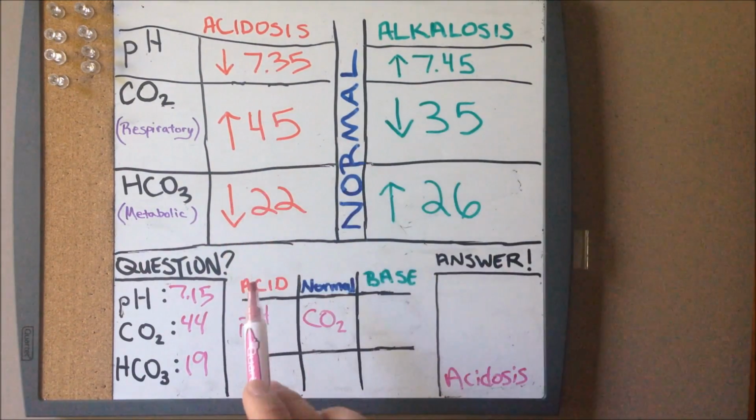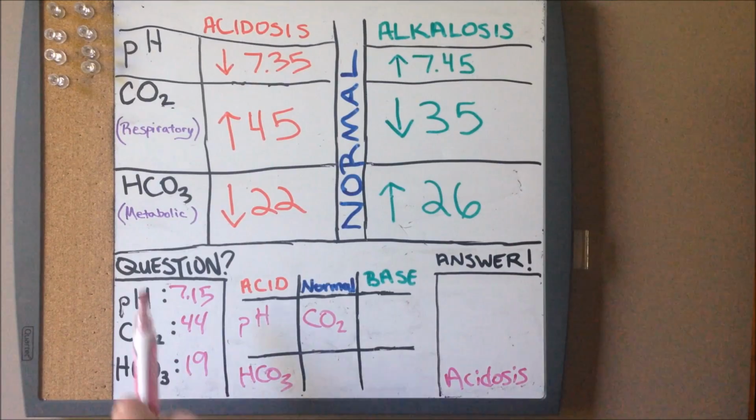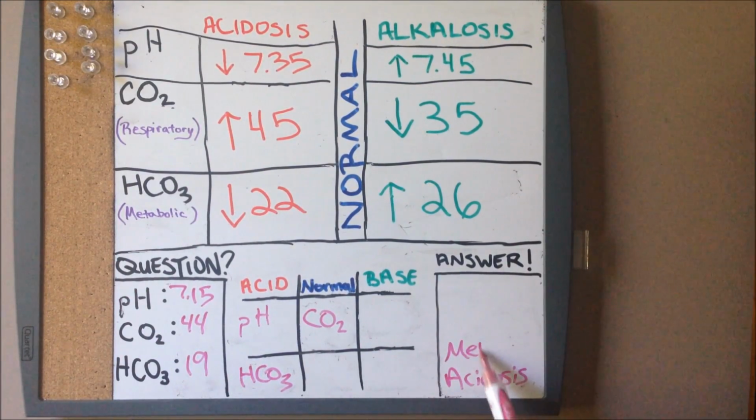Therefore, it's in the acid column, let's write it down here in the acid column. And now, because we know HCO3 is in the same column as pH, that means that HCO3 is the problem causing the pH problem. And since HCO3 is metabolic, we know what we have is metabolic acidosis.